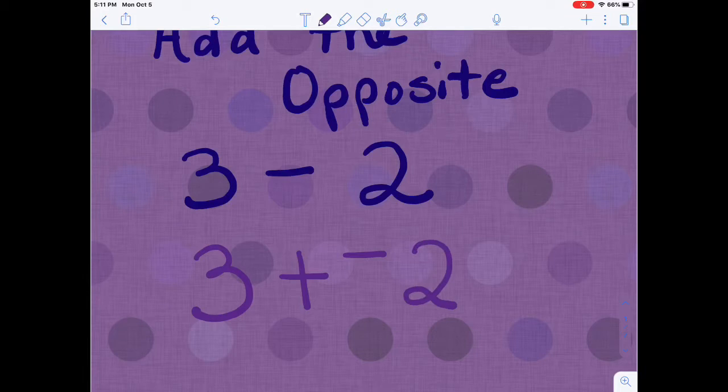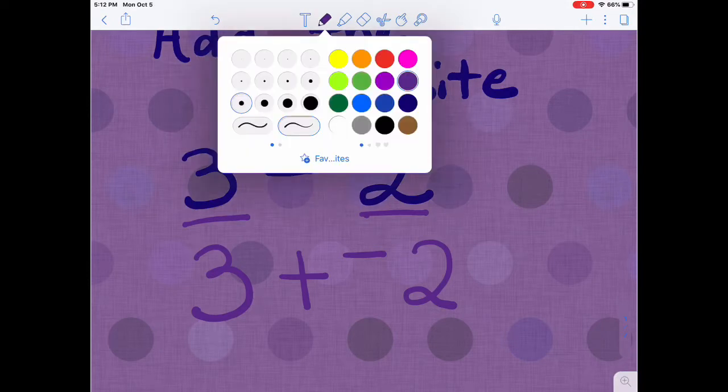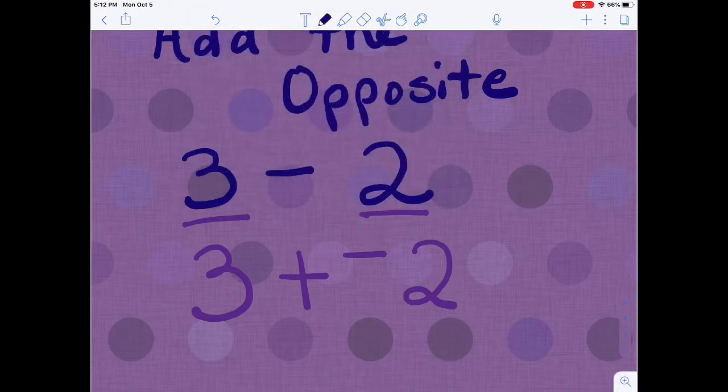So think about it for a minute. 3 take away 2 means I have 3 candy bars and you take away 2 of them, and so I only have 1 left. 3 plus a negative 2 is really saying I have 3 candy bars and then I have 2 that are a debt or that I owe, and so when I get rid of those, I only have 1 left. So both of these equal positive 1.